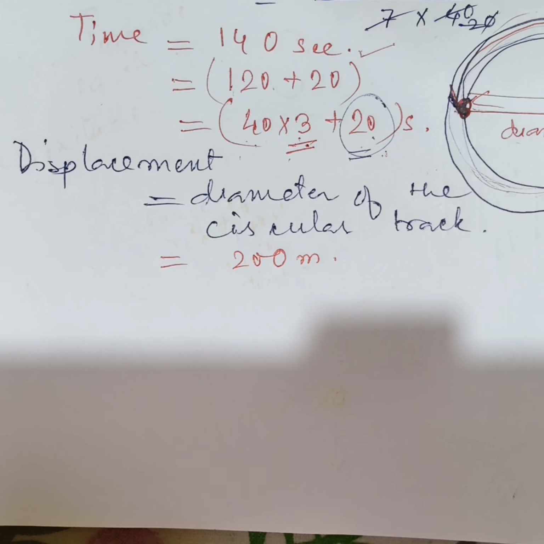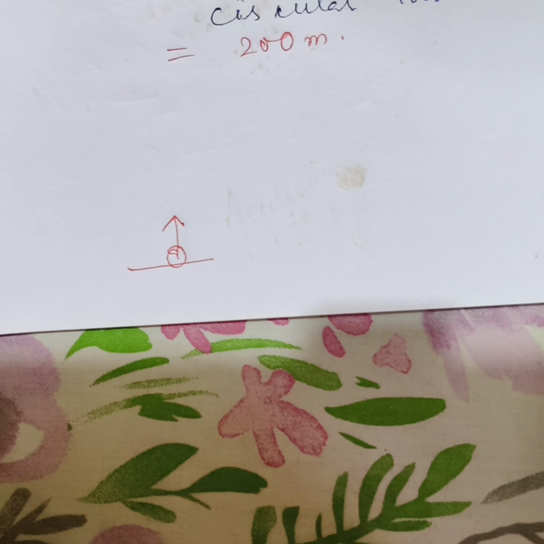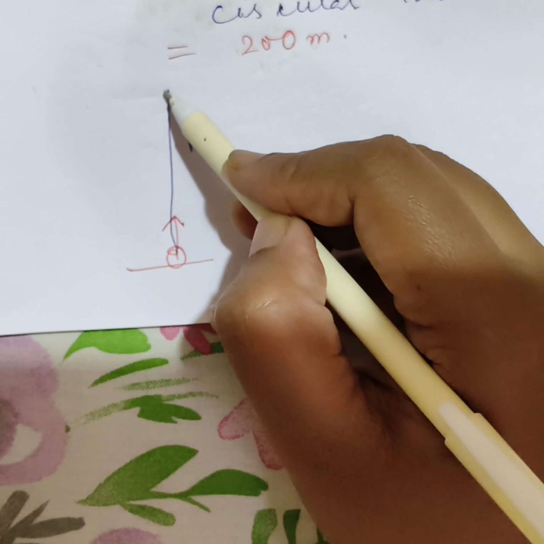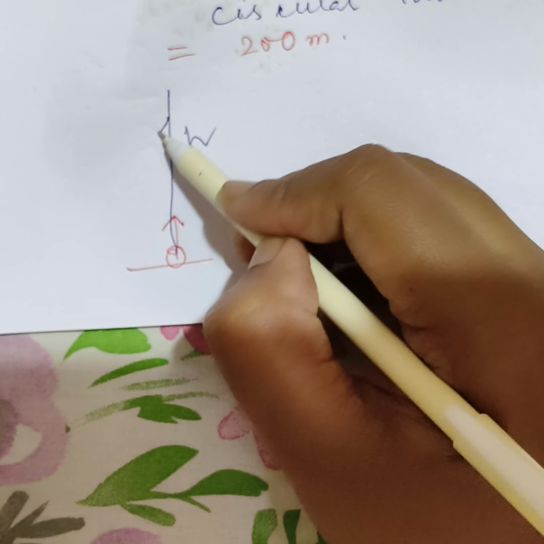That will also help you to find out other problems regarding displacement. There will be other problems where you will be told that some object is thrown upwards. It reaches its greatest height, suppose h, and then again comes back to the ground.